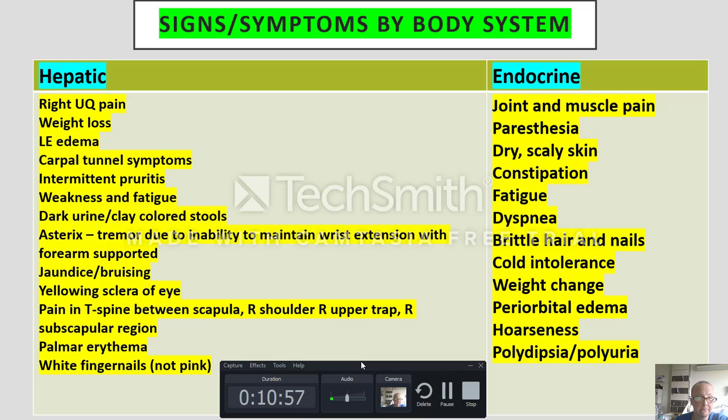Right upper quadrant pain, weight loss, lower extremity edema, carpal tunnel symptoms, intermittent pruritus, weakness and fatigue, dark urine, clay-colored stools, asterixis, a tremor due to inability to maintain wrist extension with forearms supported, jaundice, bruising, yellowing of the sclera of the eye, pain in the T-spine between the scapula, right shoulder and right upper trap, and right subscapular region, palmar erythema, white nails, not pink.